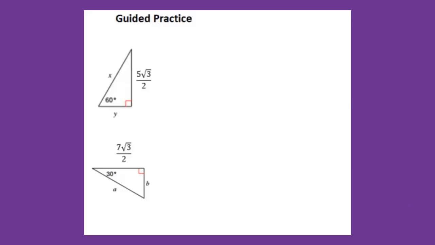For number 1, for this right triangle, we know one angle is 60 degrees. That's a special angle. So we are looking for the missing sides, X and Y. First of all, you need to label the sides: which one will be the hypotenuse, which one is opposite, and which one will be the adjacent side.